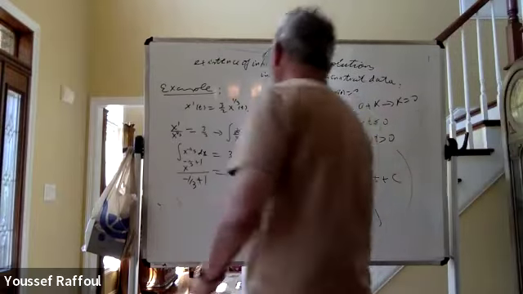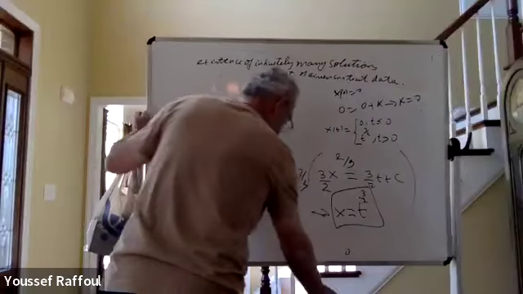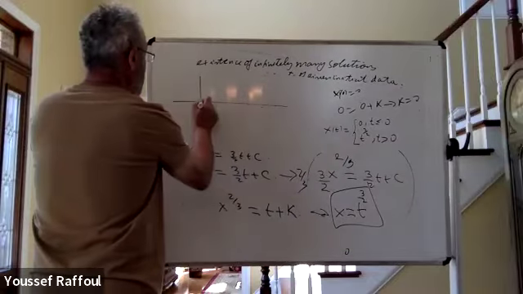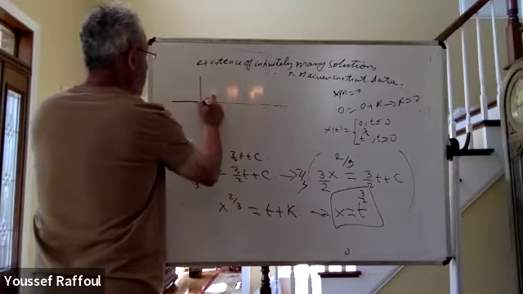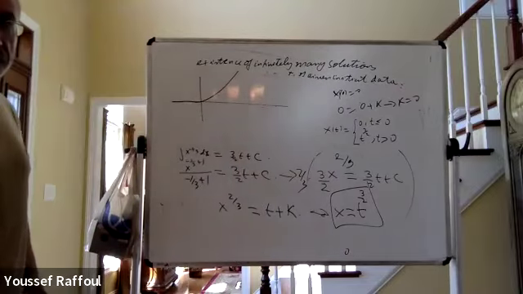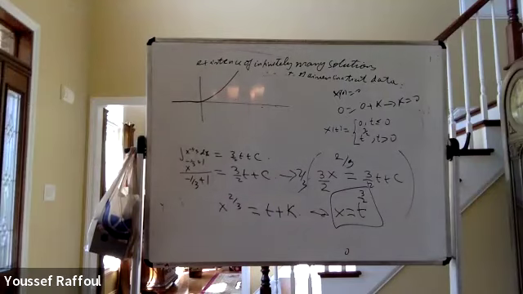So this is one solution, and if you look at the picture, for t less or equal to 0 you get this solution, and for t bigger or equal to 0 you get this solution here. All right. And since this is symmetric, you can continue.